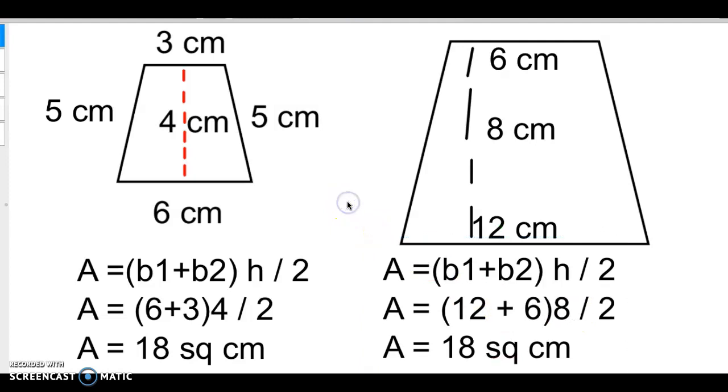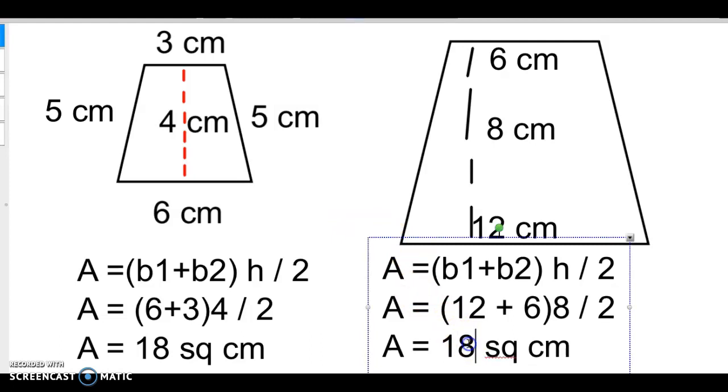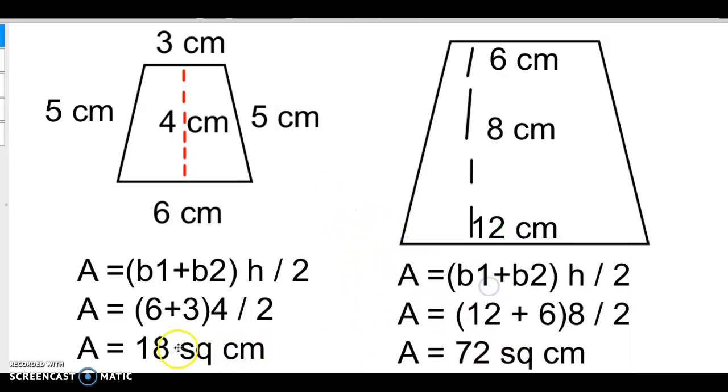So 12 plus 6 is 18. 18 times 8 is 144. Divided by 2 is 72. And you can just compare them. 18 compared to 72. Well, if you multiply 18 times 2 and then by 2 again, you get 72.